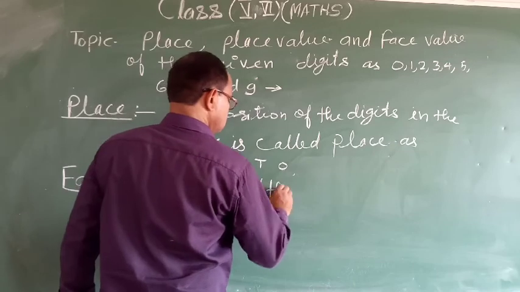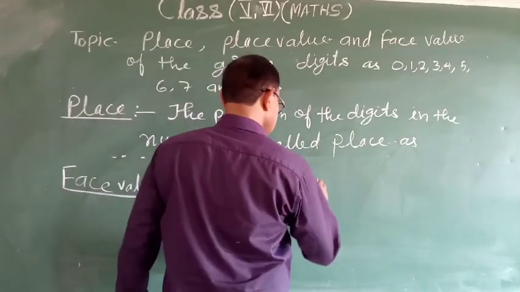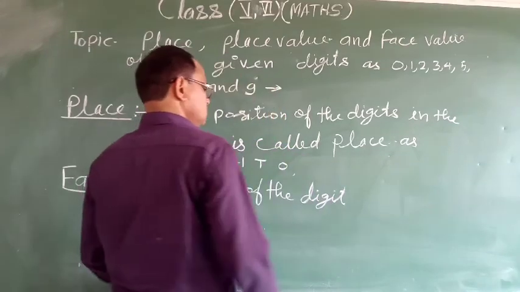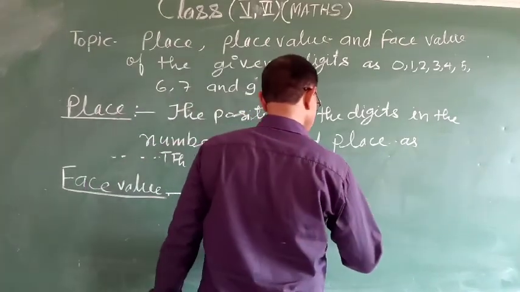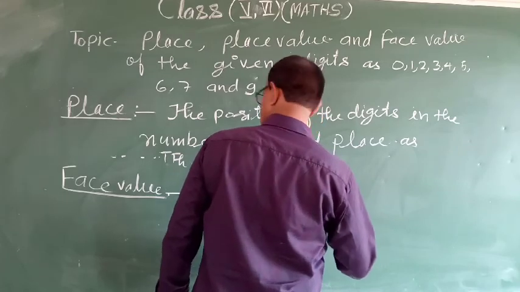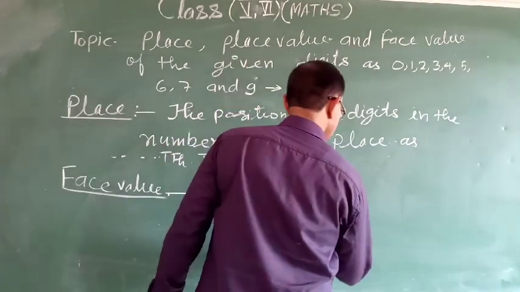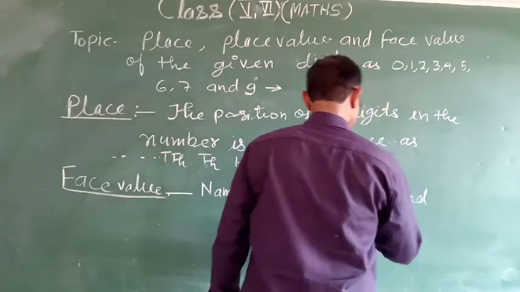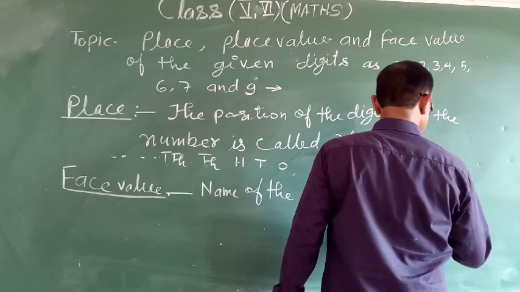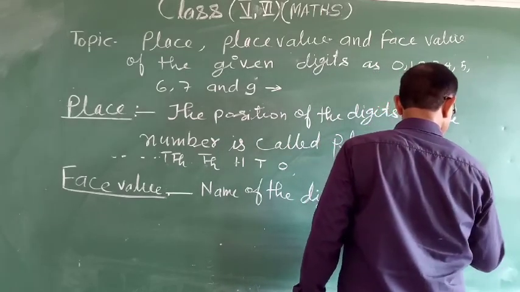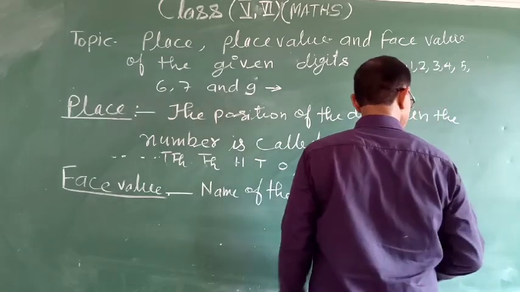The name of the digit is called face value.